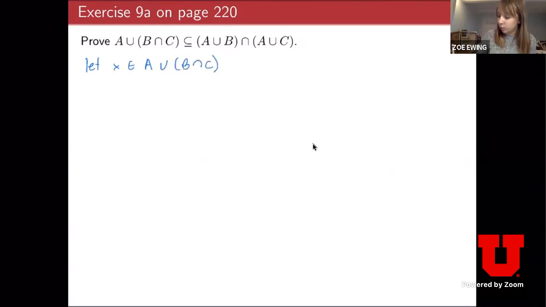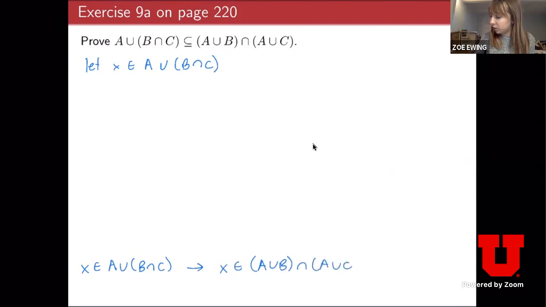And eventually we want to prove that this element being in the first set implies that it's going to be in the second set. So now that you have a clear picture of the goal here, I'm going to give you 3 minutes to work on this one, and let me know in the chat or raise your hand if you have any questions.